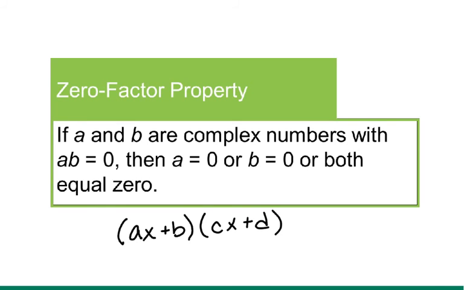Say those are our two linear factors. What the zero factor property states is a way to solve for our x values: now that we've got it in factored form, we set this set of parentheses equal to 0, and then this one also equal to 0, and we end up with two solutions to our equation.